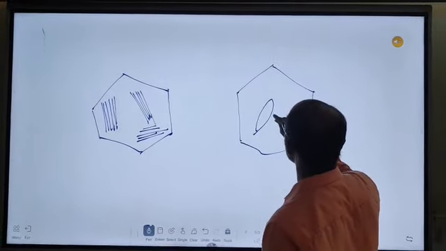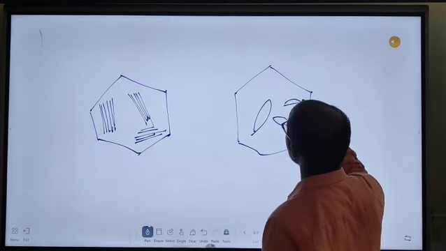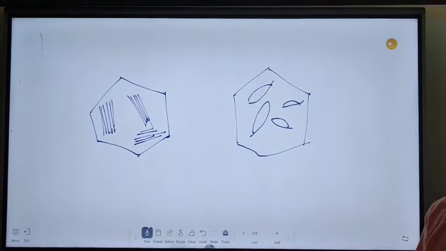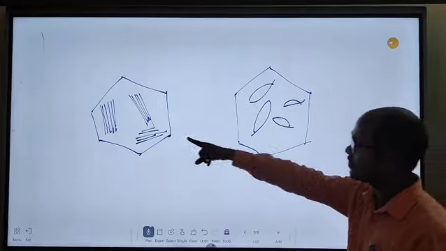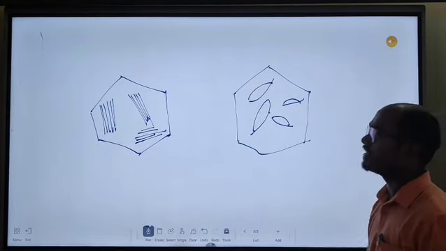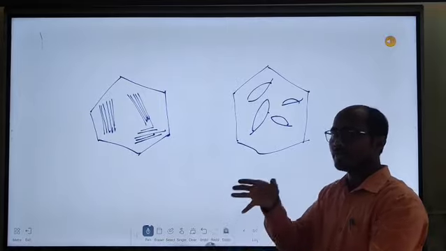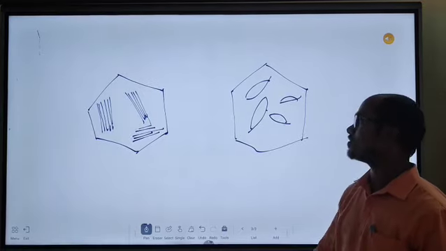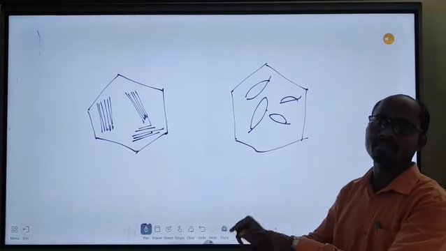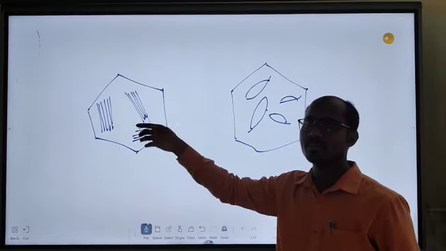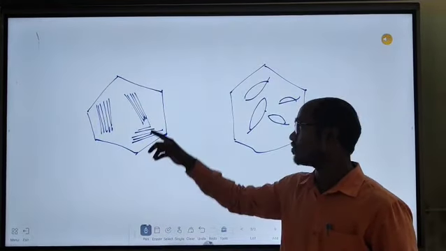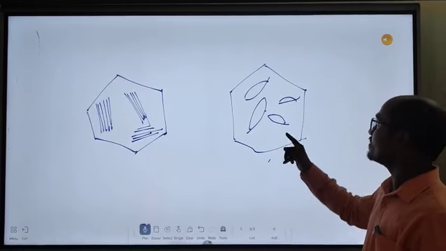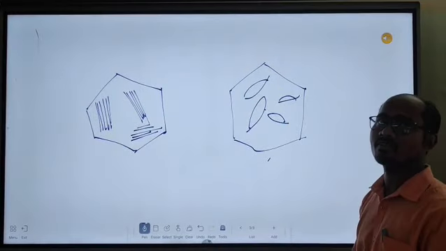This type of Martensite is the flat Martensite. That means when a bunch of branches is kept in a single position, how it looks, we call that a lath. So this is the lath Martensite, and this is the flat Martensite, looking like a lens.